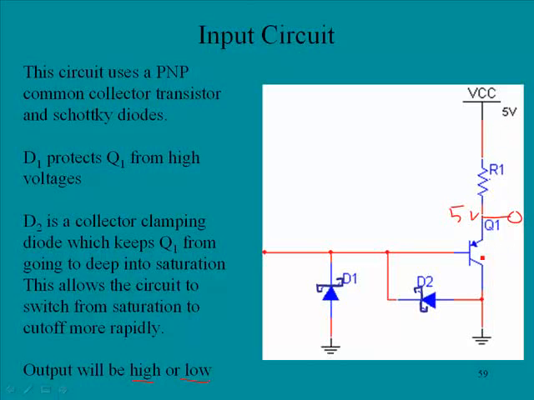If the transistor is saturated, the voltage from here to here will probably be about 0.2 volts, and so the output would be about 0.2 right here, because if there's 0.2 from here to here, then you would have your output right there. So the outputs in this would be probably about 0.2 and 5 volts. This would be the low. This would be the high.